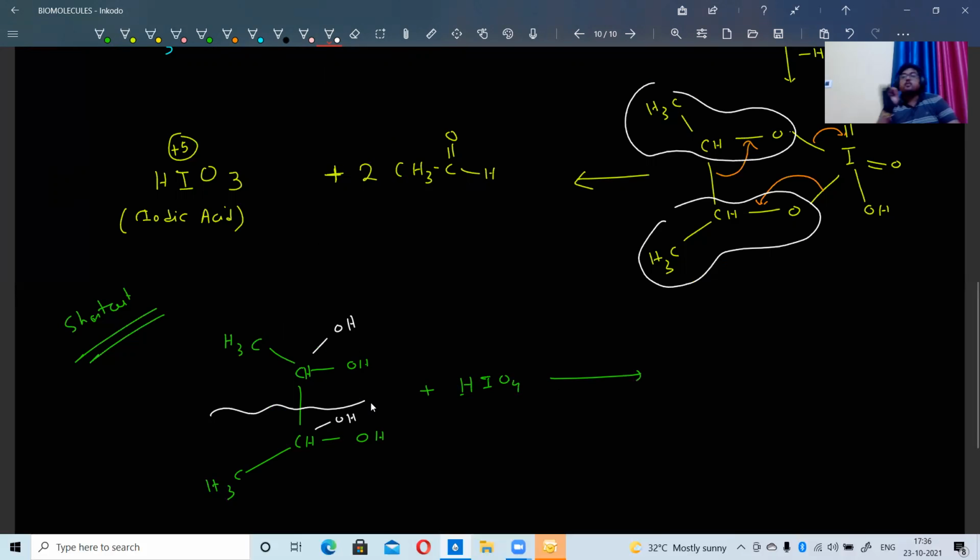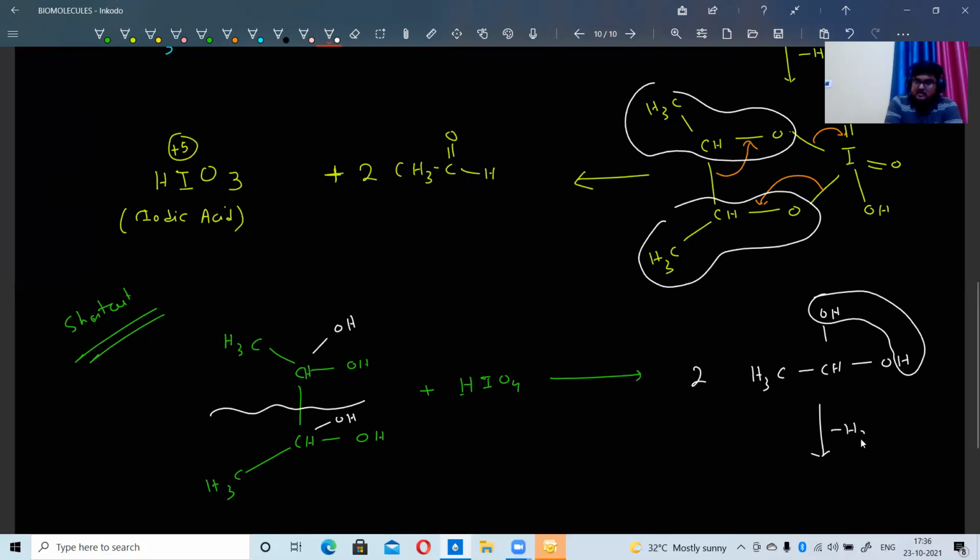That means on both sides you have to add one OH group. So you get 2 moles of OH compound, and in the next step, water removal takes place. After removal of water, it forms acetaldehyde.